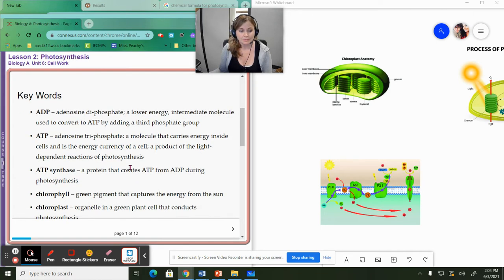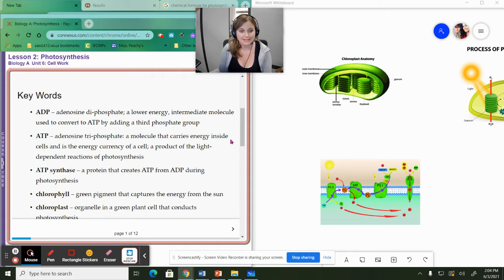So as you can see from the list of keywords on slide 1, we have a lot of different vocab terms that pop up here. I have been talking about ATP a little bit in some of my previous lessons, so ATP is mentioned here, as well as ADP, which is another molecule that's very similar to ATP. So ATP refers to adenosine triphosphate.